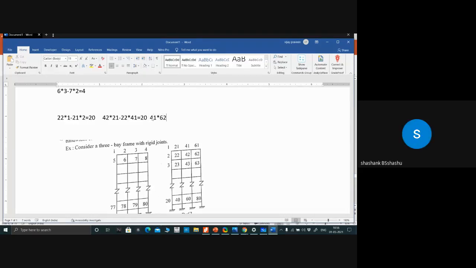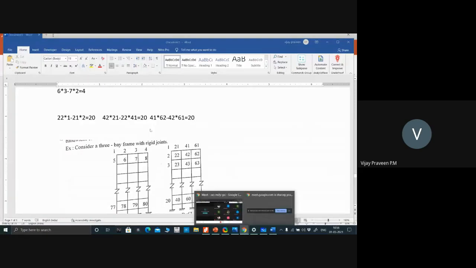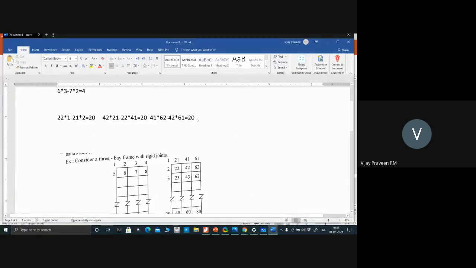Similarly, the third one: 41 into 62 minus 42 into 61. How much? 20 only. Correct. Now B you got 20, D you got 20. What is the degree of freedom?